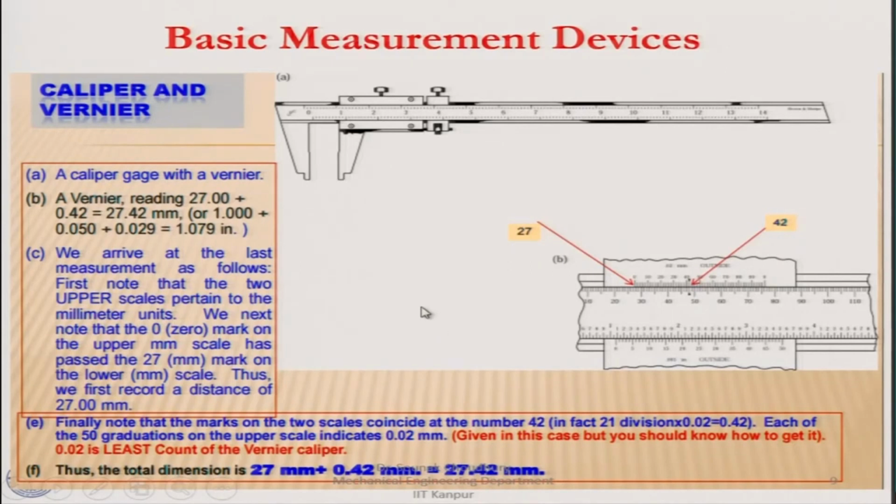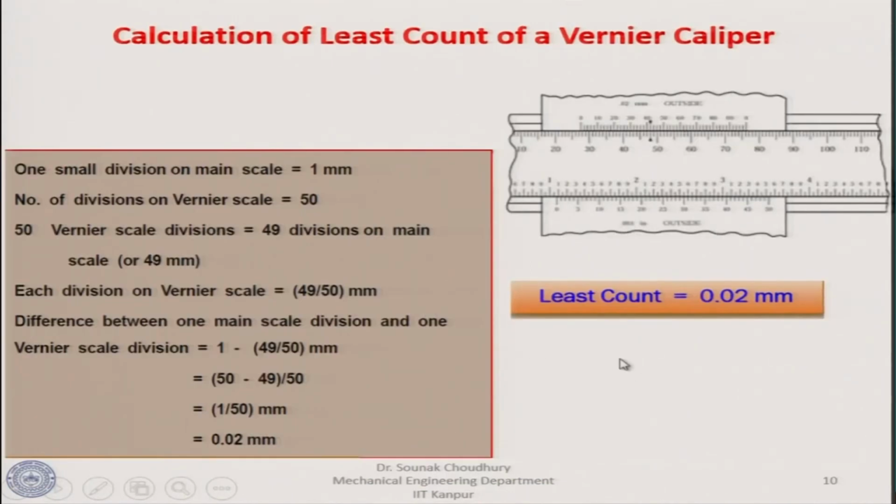More details I will describe now. How to calculate this? Let us say the least count is 0.02, how to find it out. One small division on the main scale, you can see that this is 1 millimeter, let us say it is specified as 1 millimeter.